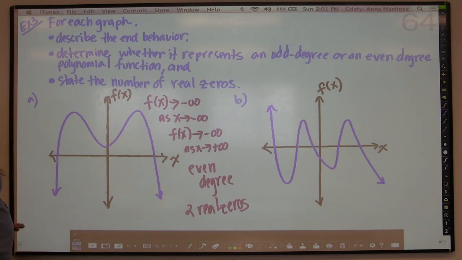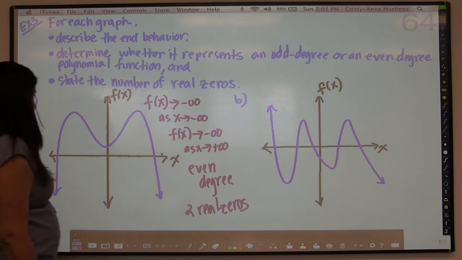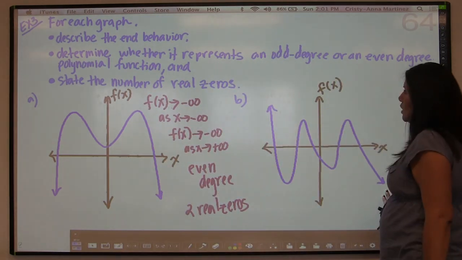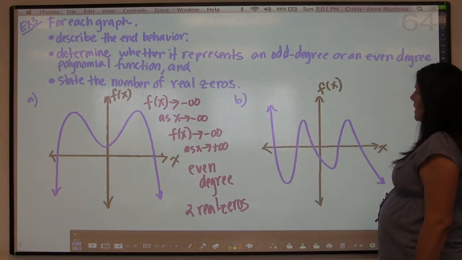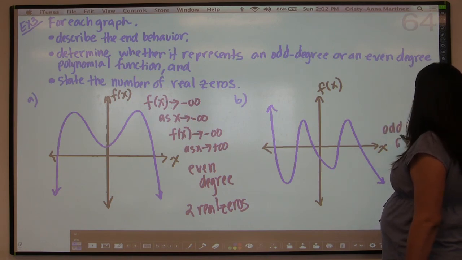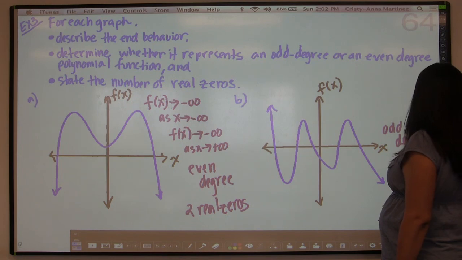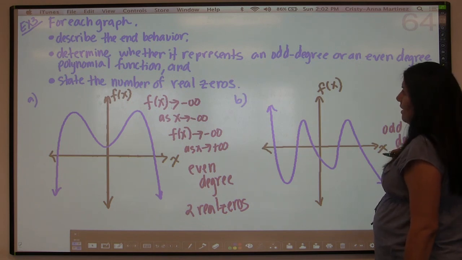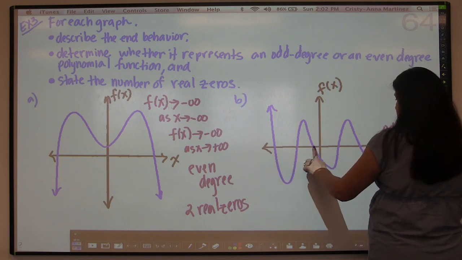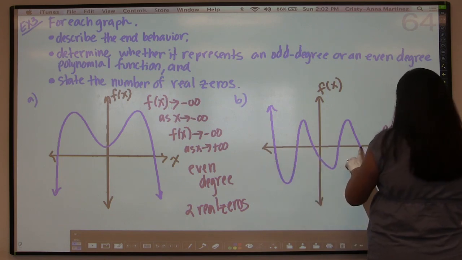And then we'll do the exact same thing for part B. In part B, we have one arm up and one arm down, so that tells us it's going to be an odd degree. And for the number of real zeros, we have 1, 2, 3, 4, 5 real zeros.